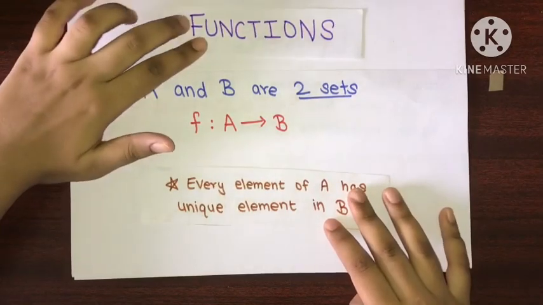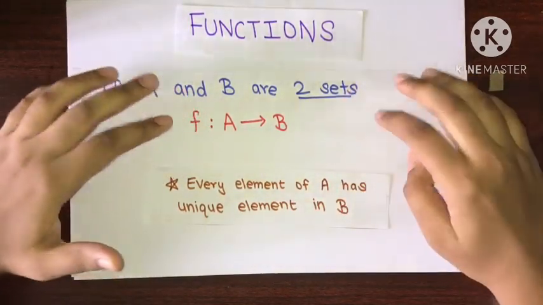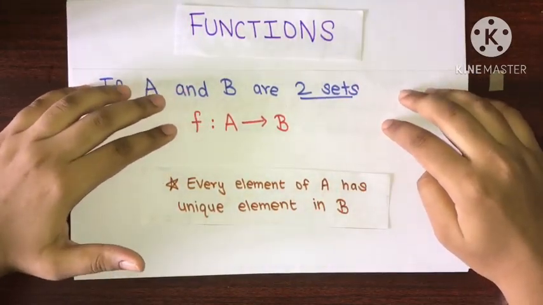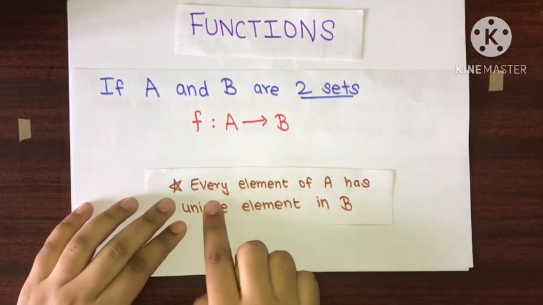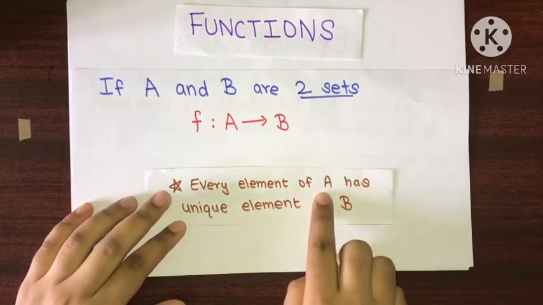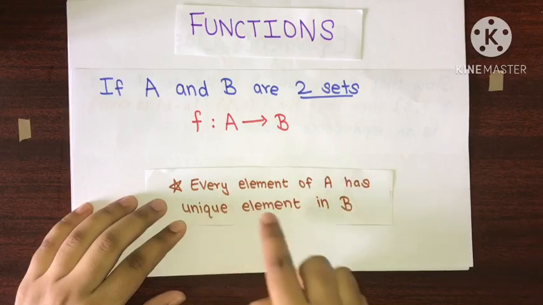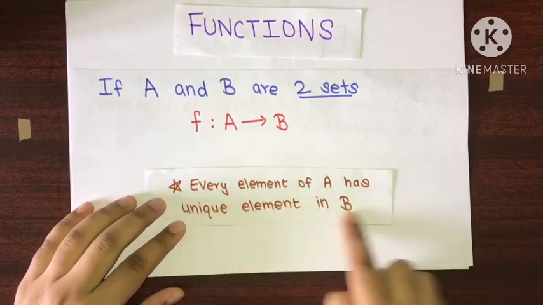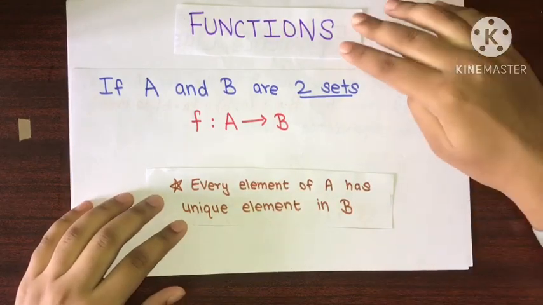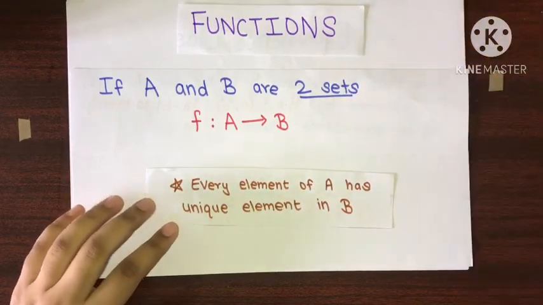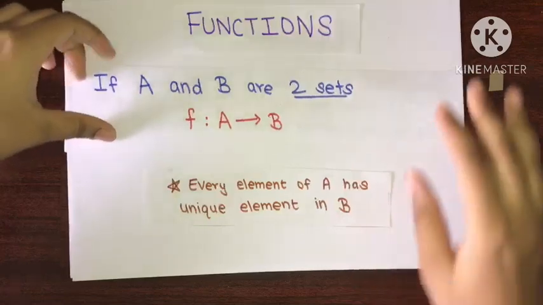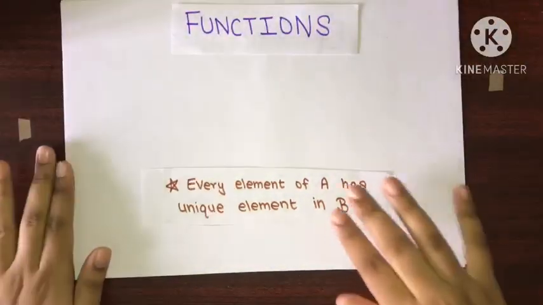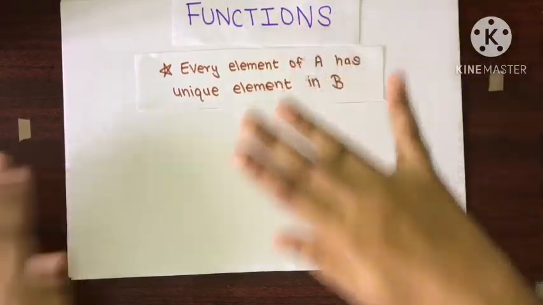And the condition for this relation, in essence, to be considered a function is that every element of A has a unique element in B. This is the most important definition you need to learn when you're talking about functions. Now, you might be wondering what that means. Let's understand this better with an example.